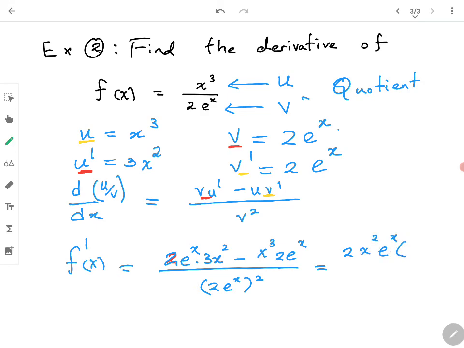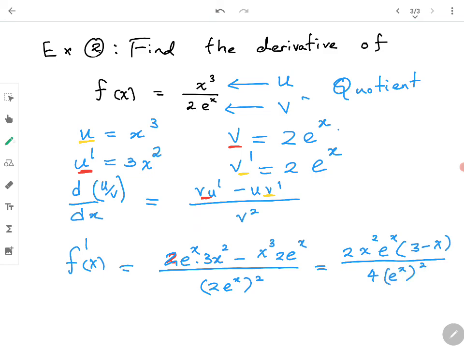2 is common, x squared is common, and e to the x is common. You can take that out, and then what's left from the first part? 3. And from the second one, you took 2x squared, so 1x is left. So that's what we are left with. And the denominator is 4 times e to the x, squared.